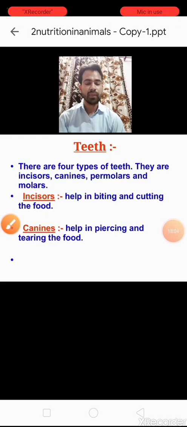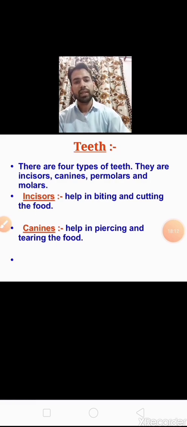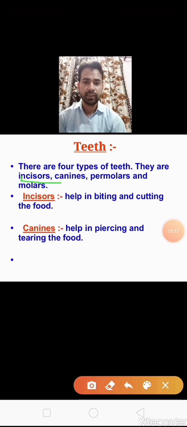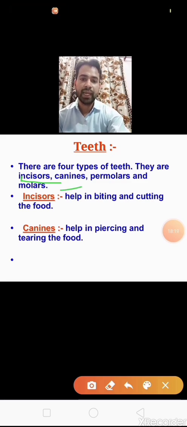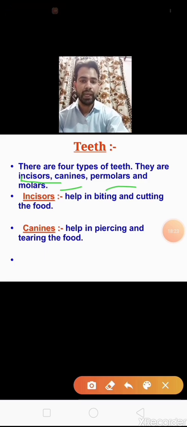Next, teeth. In humans, 4 types of teeth are found. They are incisors, canines, premolars and molars.